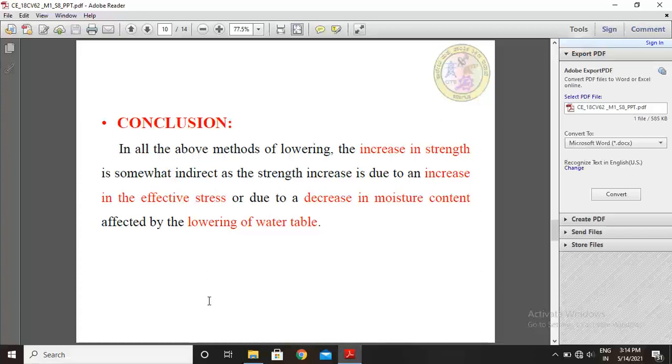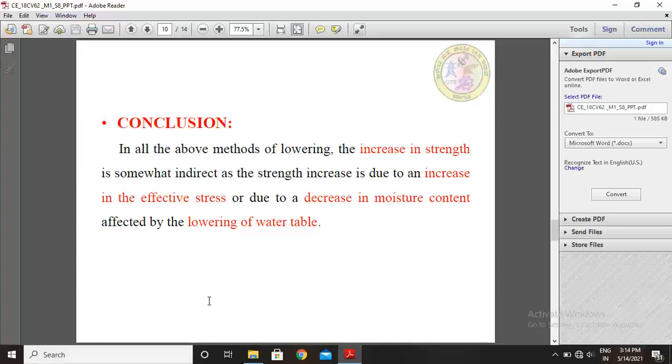So this is the main conclusion seen from all the above methods, that is strength is increased as well as effective stress, and moisture content is reduced. If the moisture content is reduced, strength is increased.